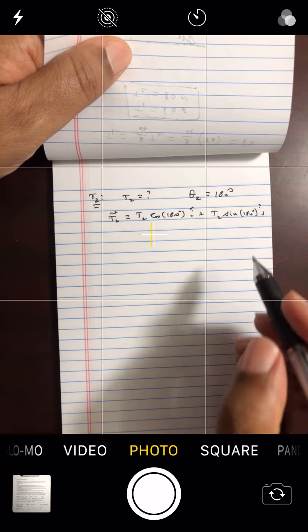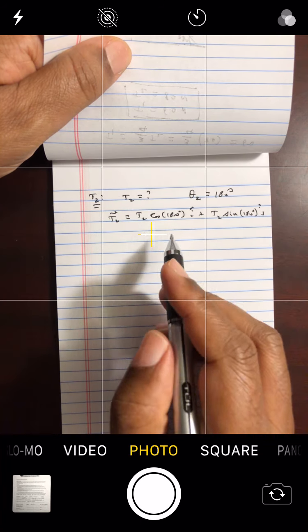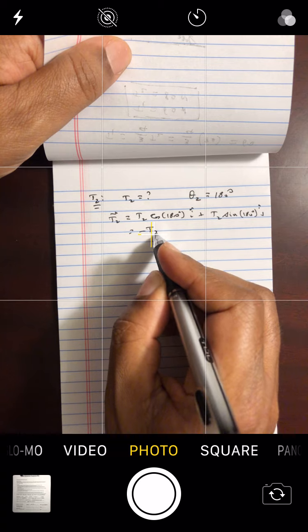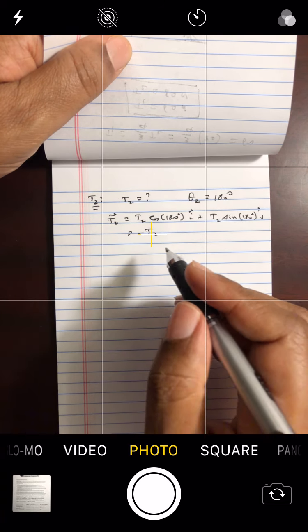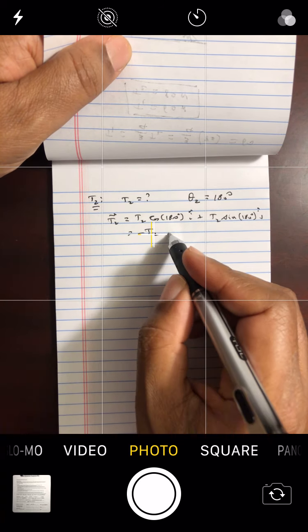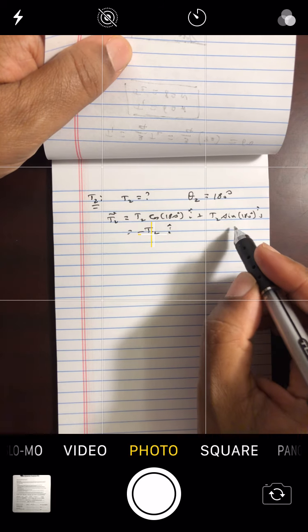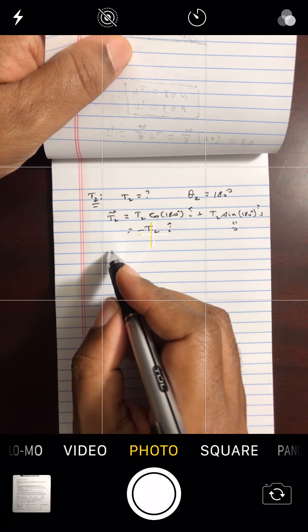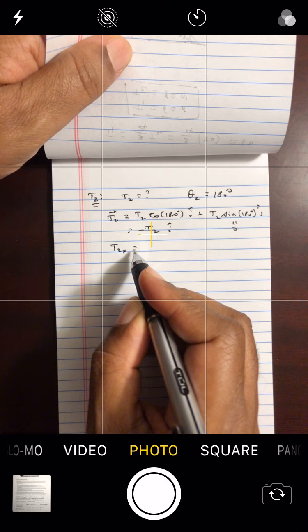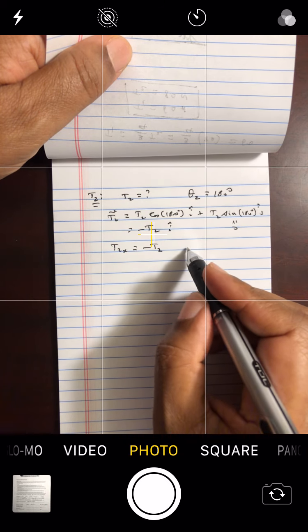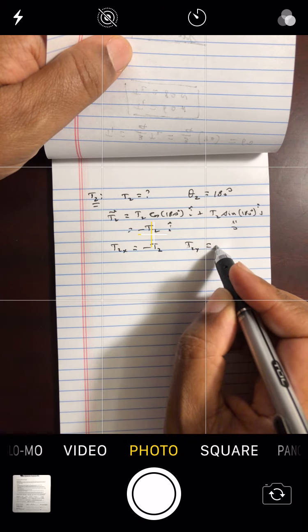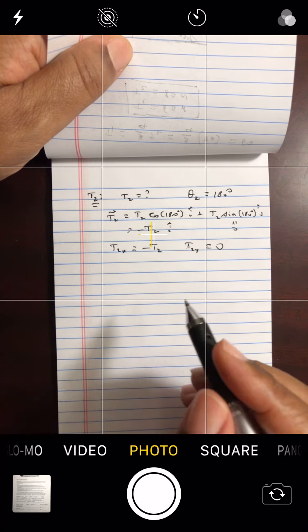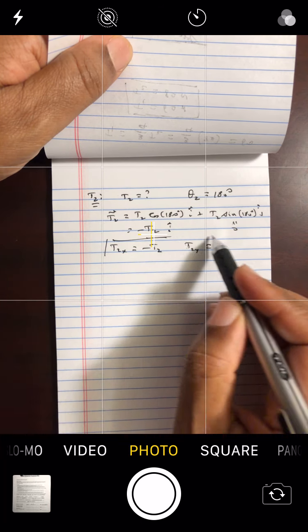Okay, so this one is 0, and this one is negative, so you've got negative T2 in the I, and this is 0. Okay, so that tells you the x component is negative T2 and the y component is 0. Alright, so these are the components for this one.